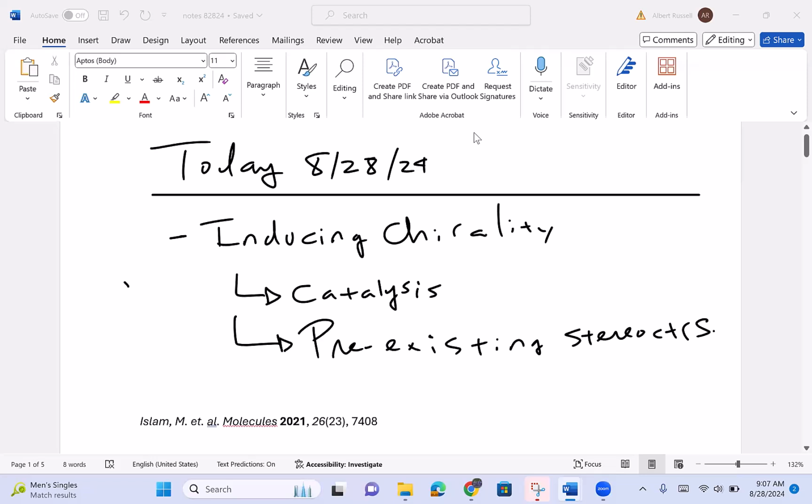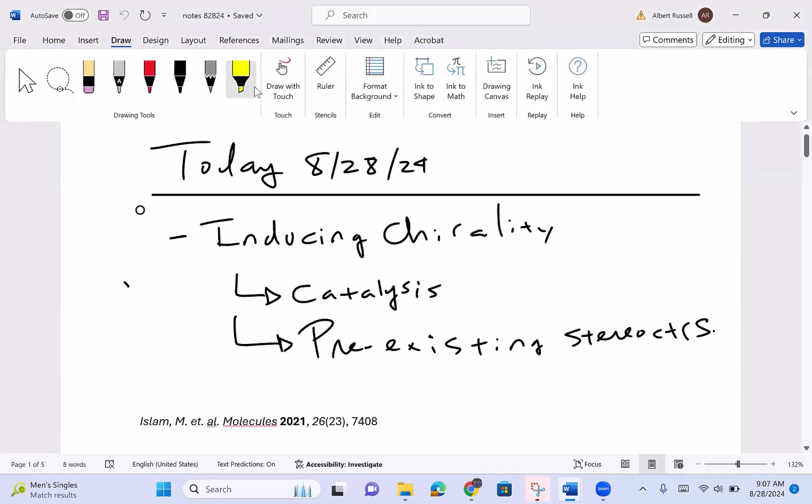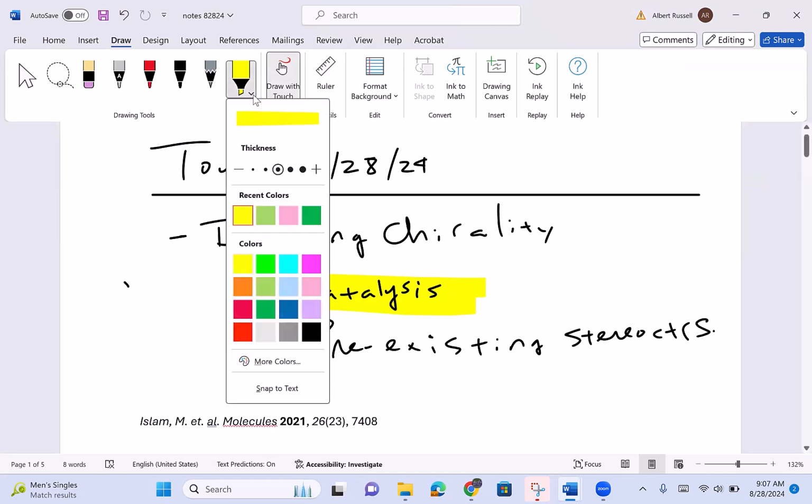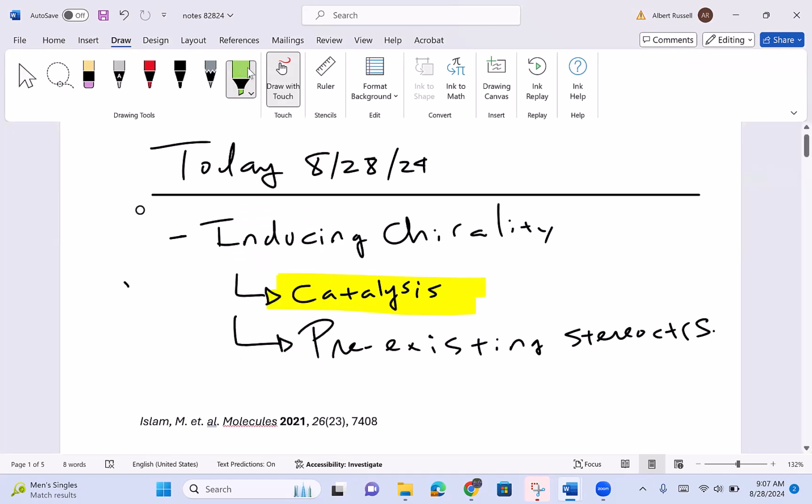One way is through catalysis, and we're going to talk about that for a brief moment. The other way is to use molecules that already have stereocenters present. That's what the handout is talking about, those pre-existing stereocenters.